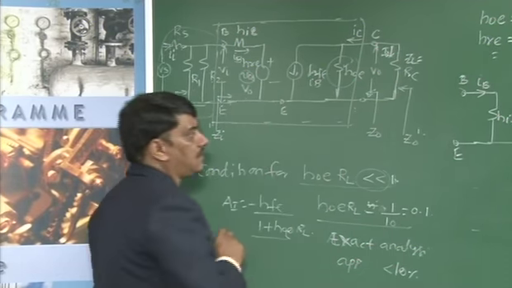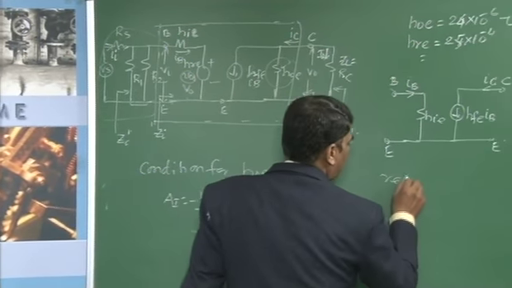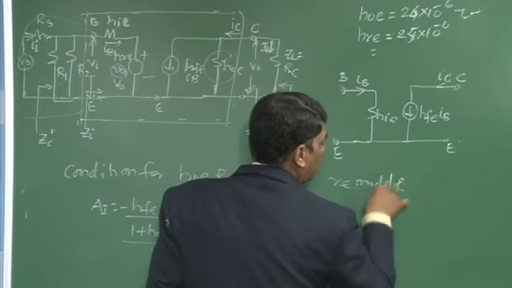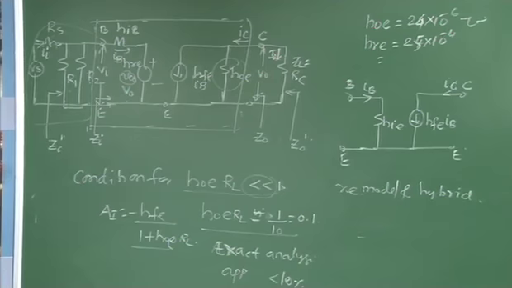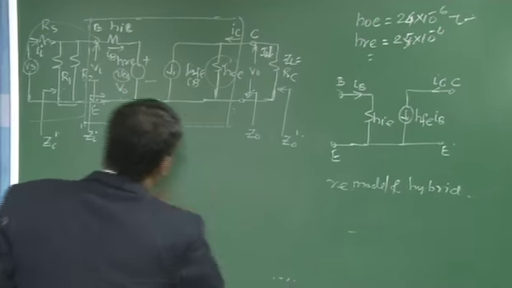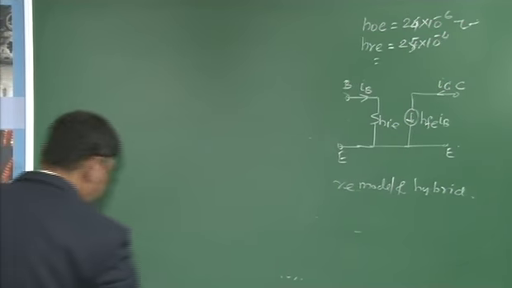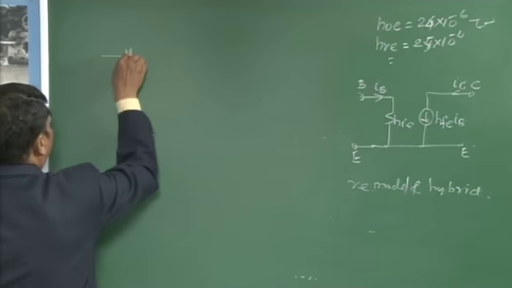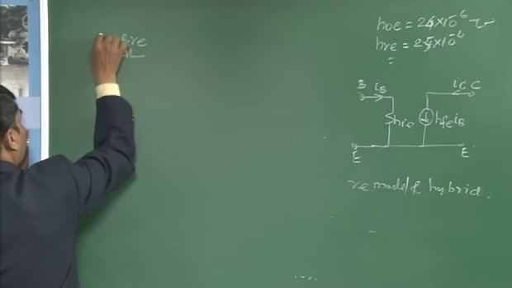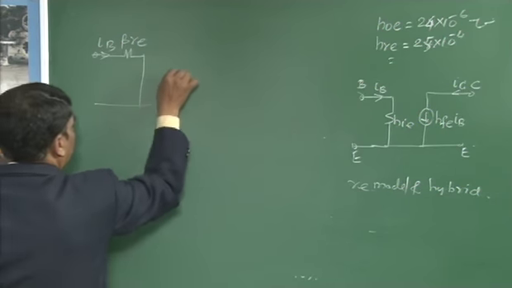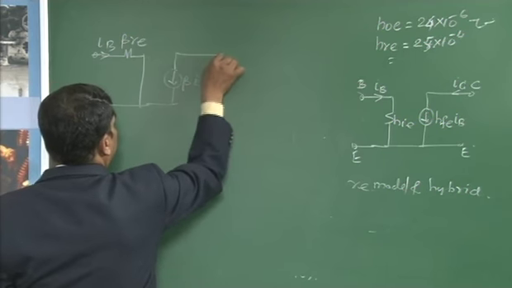Now the next question arises: what is the difference between the RE model and the approximate hybrid model? We already know the RE model for a common emitter amplifier shown here: this is beta times RE, the current flowing through it is IB, and the current source is beta times IB, with current IC.